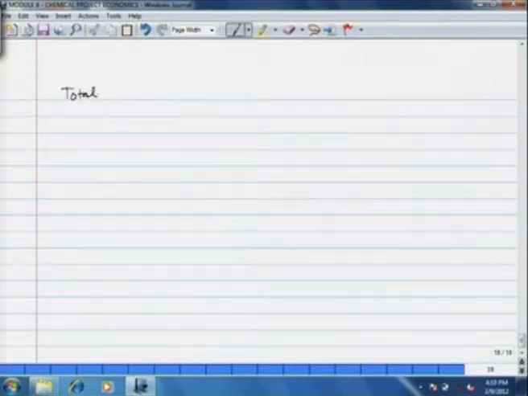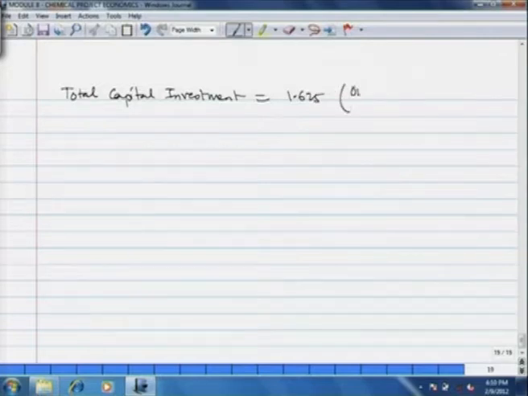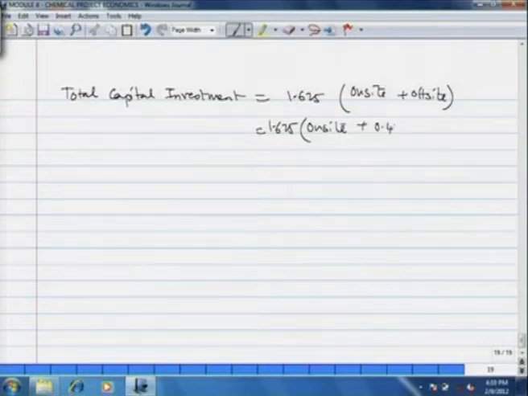Total capital investment is 1.625 times on-site plus off-site cost, that is 1.625 times on-site plus 0.45 times on-site cost, and then this is 2.36 times on-site cost.